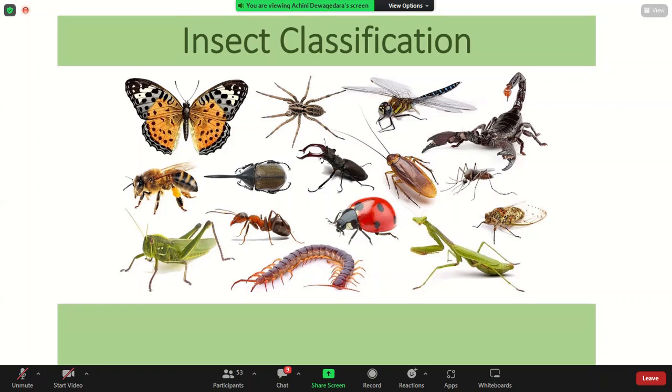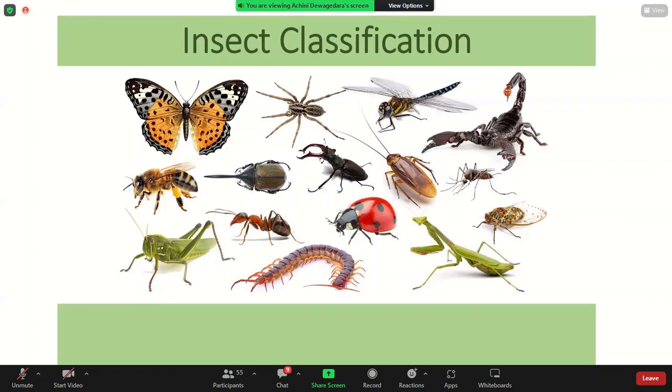So when we talk about insects, insects are the most diverse type of animals on Earth, right? There are huge variations among insects on Earth, and there are many species of insects available.